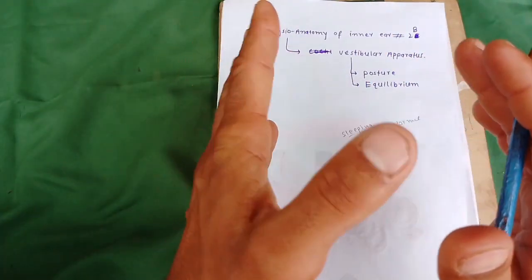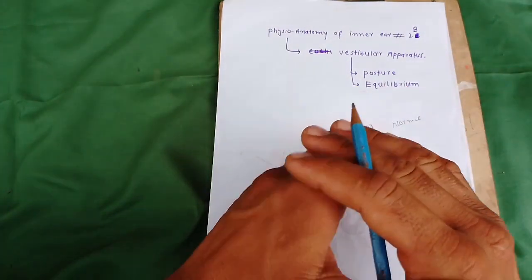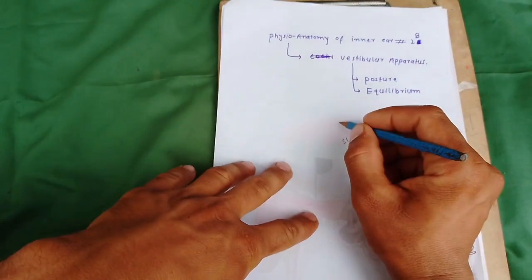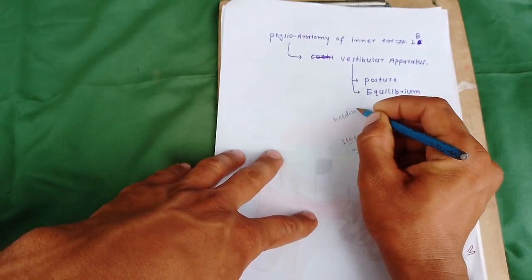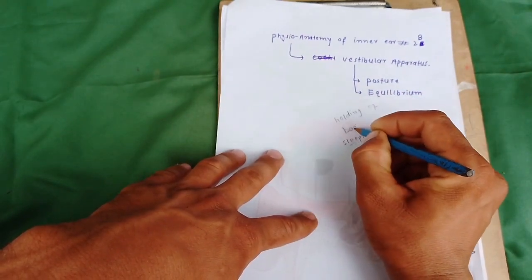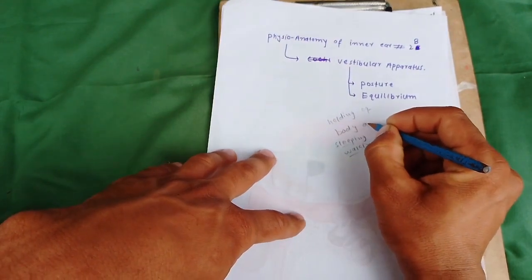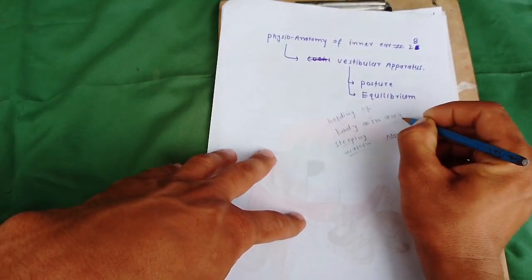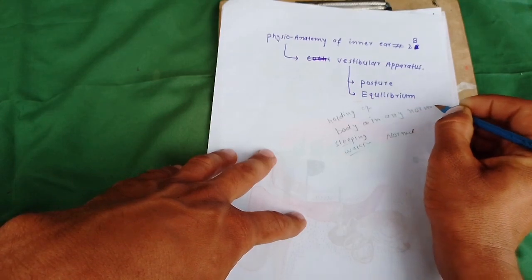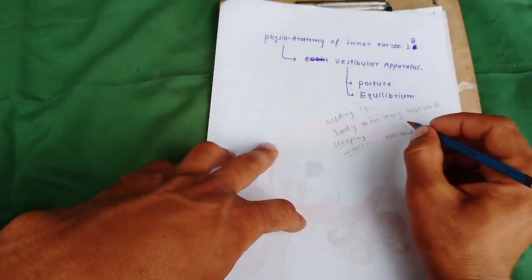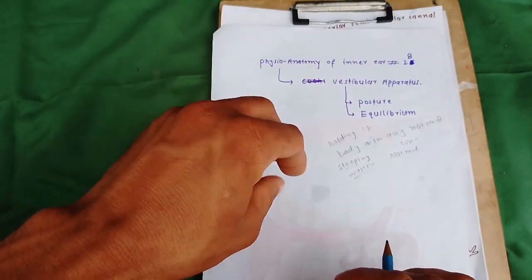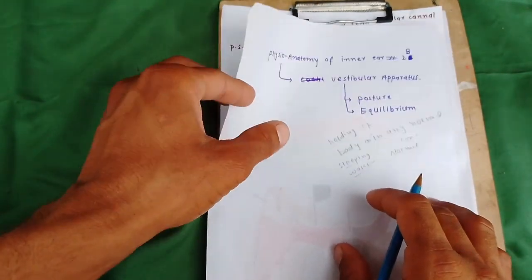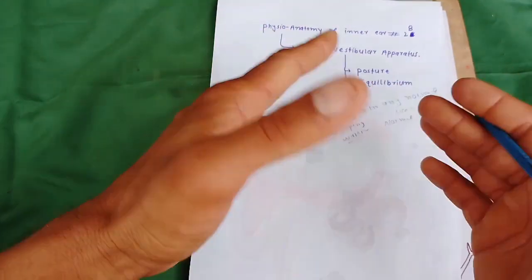The actual definition of posture is holding the body parts in any normal condition. So what is posture? Holding the body parts in any normal condition.